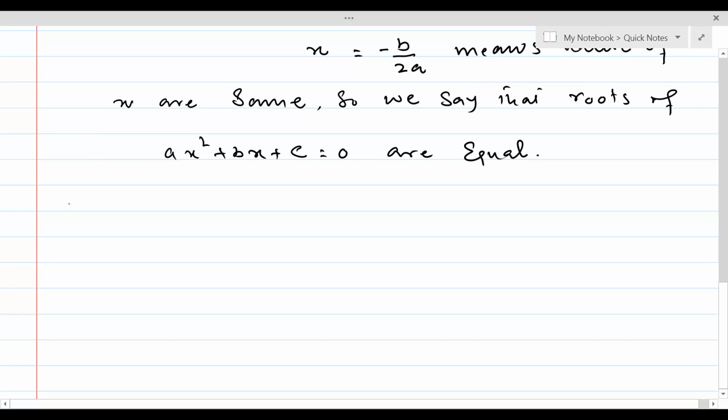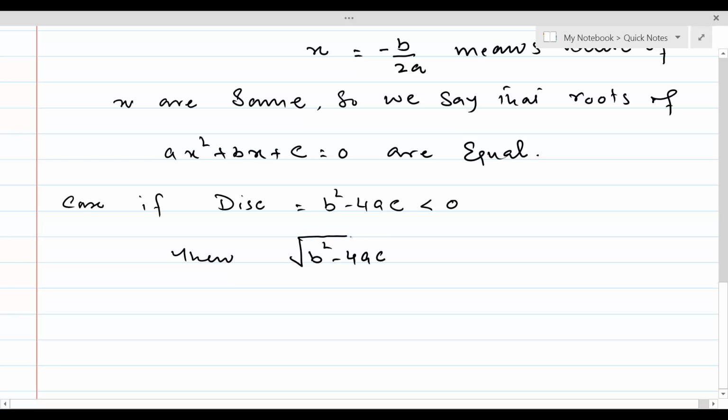However, case 2, if the value of discriminant b square minus 4ac is less than 0, then the square root of b square minus 4ac has a negative number inside the square root, which is not real.